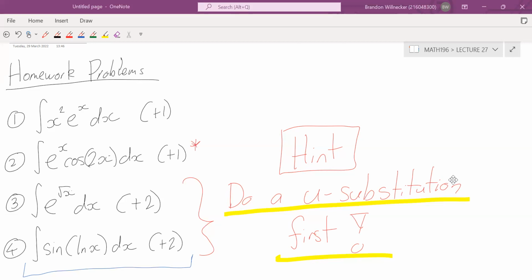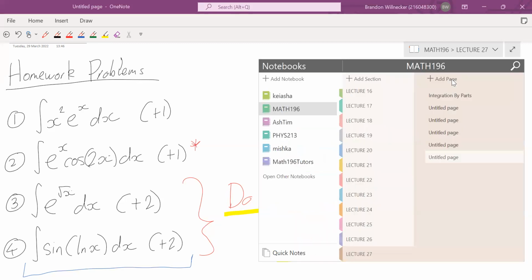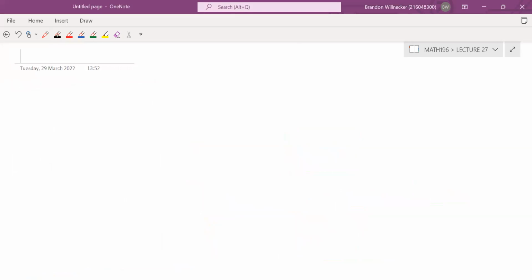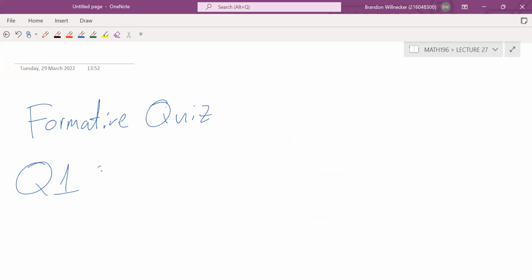What is the scope for tomorrow's formative quiz? Let me just put on a new page here. So tomorrow's formative quiz. Question 1 is on the disk method for finding volumes, out of 5.